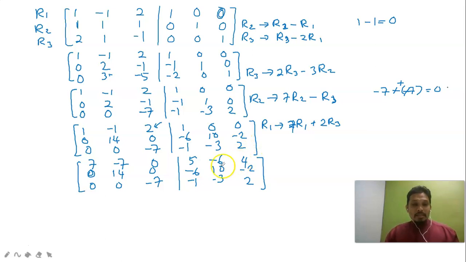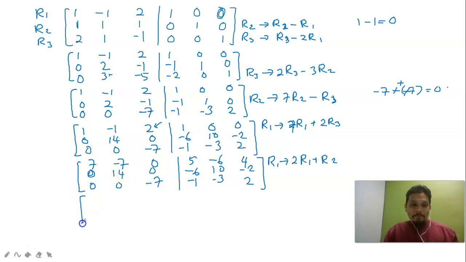So next, this is the one, negative 7 with 14. So the new R1, let's make this one 2R1 plus R2. 2 times negative 7 equals negative 14 plus 14, 0.